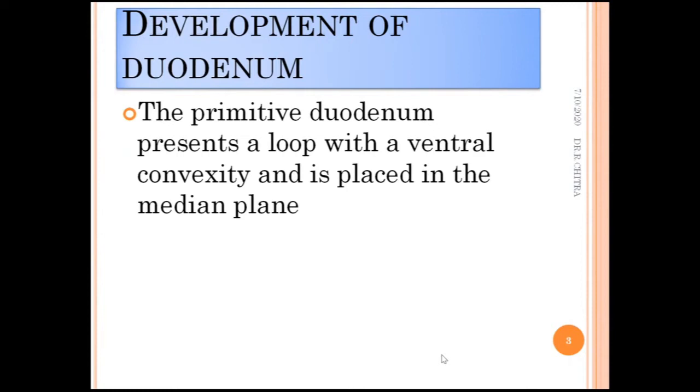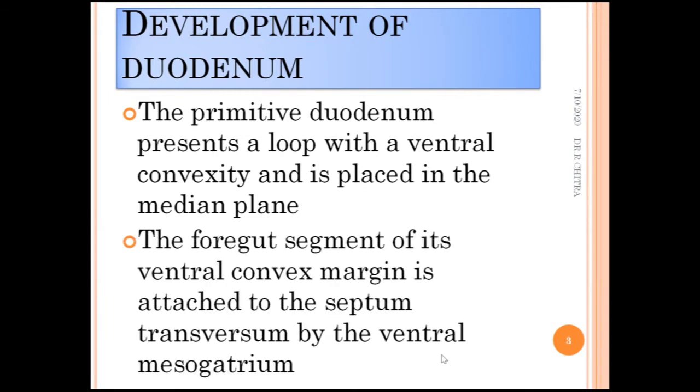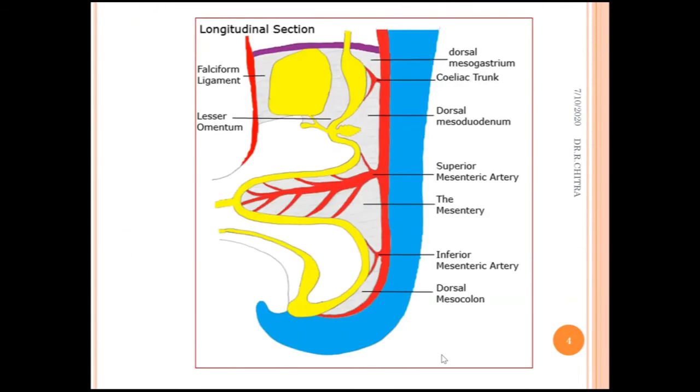If you see, this primitive duodenum presents a loop with a ventral convexity and it is placed in the median plane. In the adult, the duodenum's convexity is to the right, but in the embryology it is towards the ventral part. Only this foregut segment of the duodenum will have the ventral mesogastrium, same as the stomach.